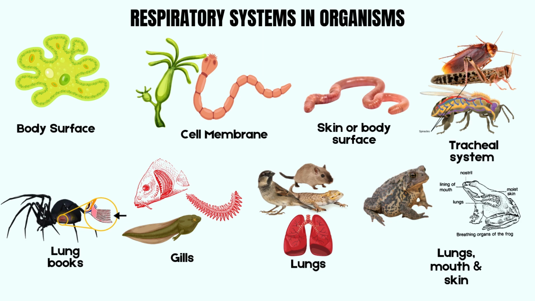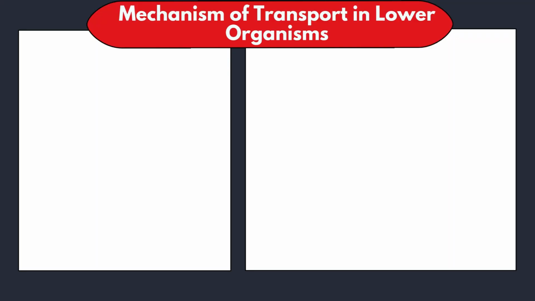And lastly, flowering plants use stomata and lenticels. Stomata are found on the epidermis of the leaves, while lenticels are found on the stem. Now let's look at the various mechanisms of respiration.